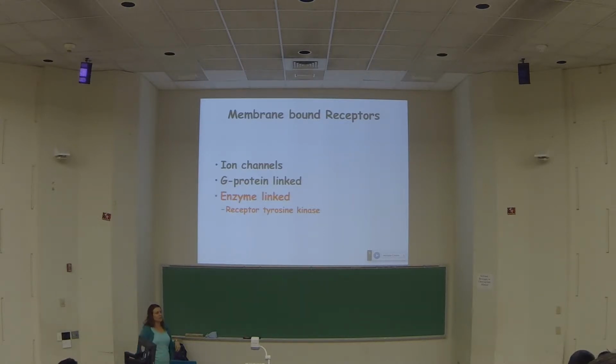So when activated, it itself is doing phosphorylation. So let's look generally at how these receptor tyrosine kinases work, and then we'll look at 2 specific pathways.